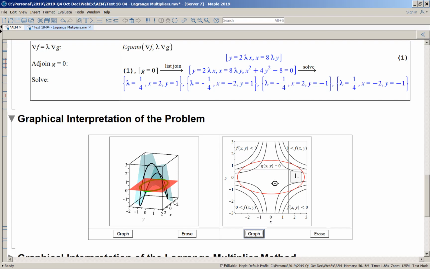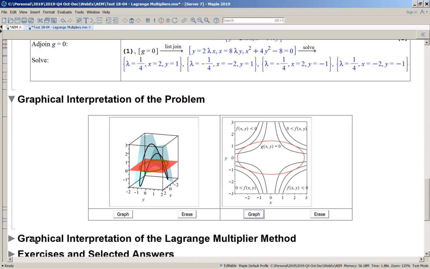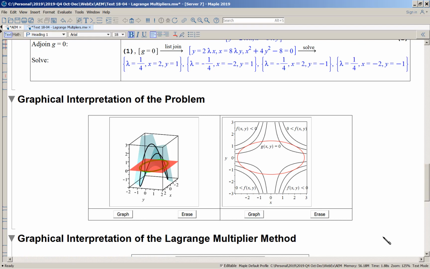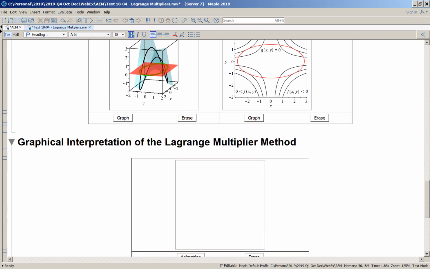But at the points of tangency, the gradients are collinear. And that's the essence of the Lagrange multiplier method. And we can bring that out more strongly with this animation.